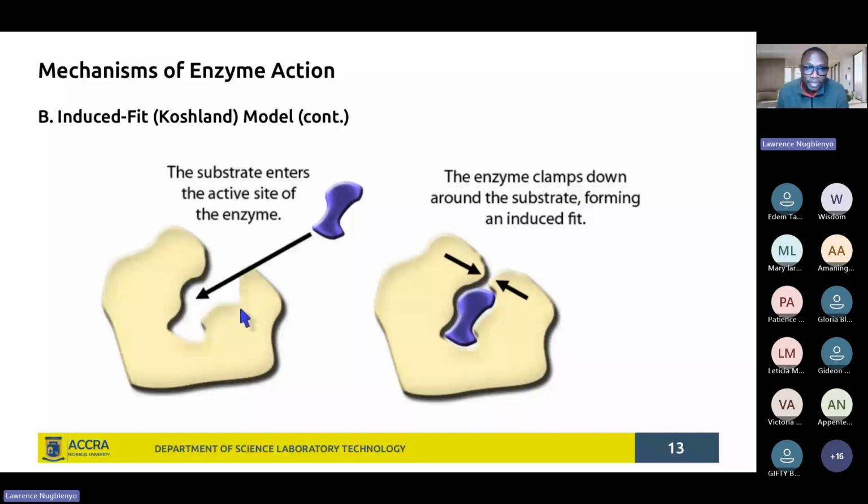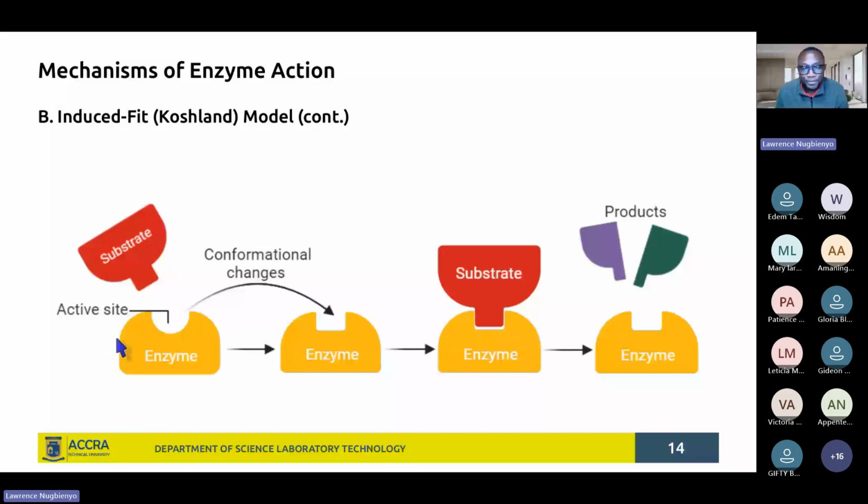When the substrate enters into the active site, it induces the enzyme so that the enzyme now would change its shape to fit the substrate. Now, that then results into the full mechanism by what Koshland was referring to as the induced fit model.